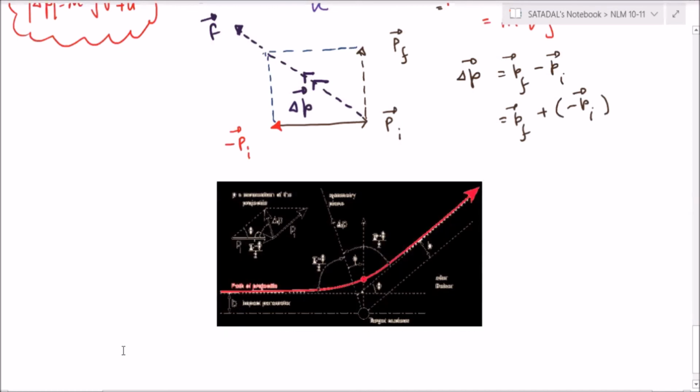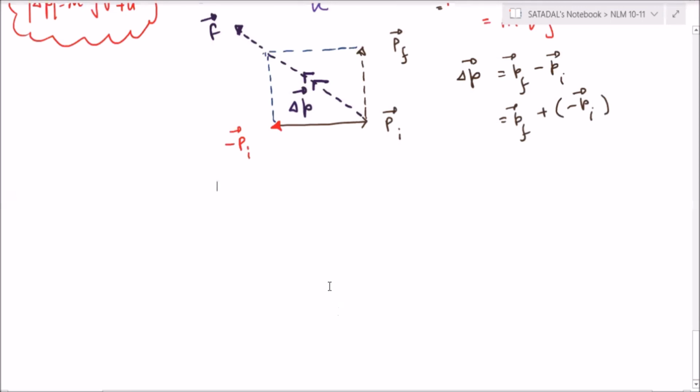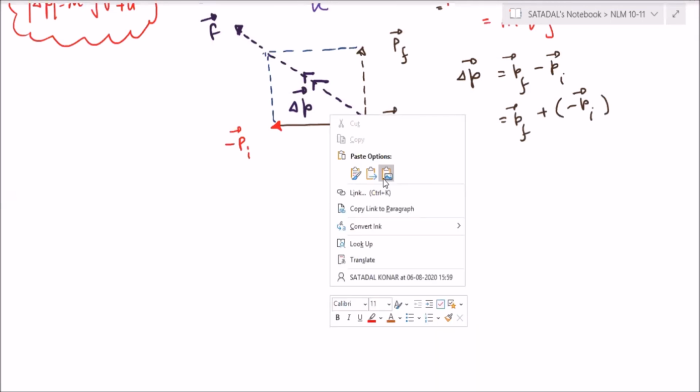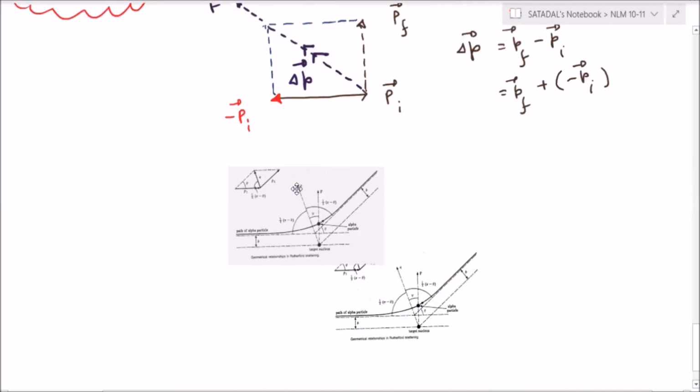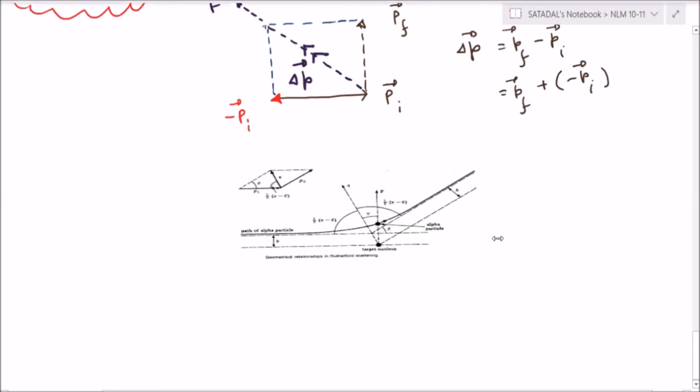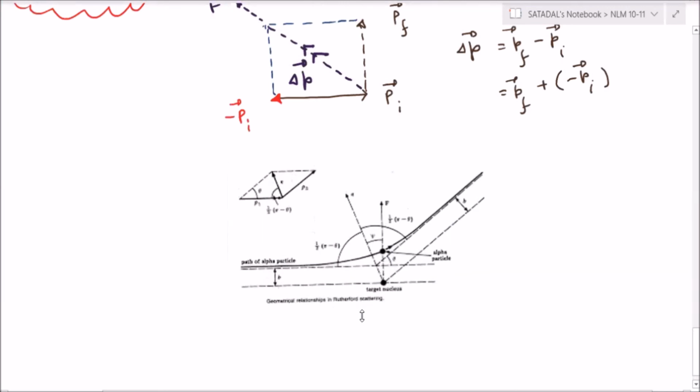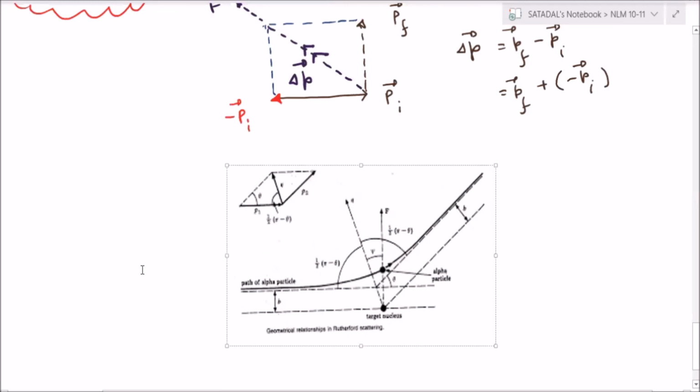Okay. This is not coming perfect. No? This will come perfect. Right. Resolutions are not good.